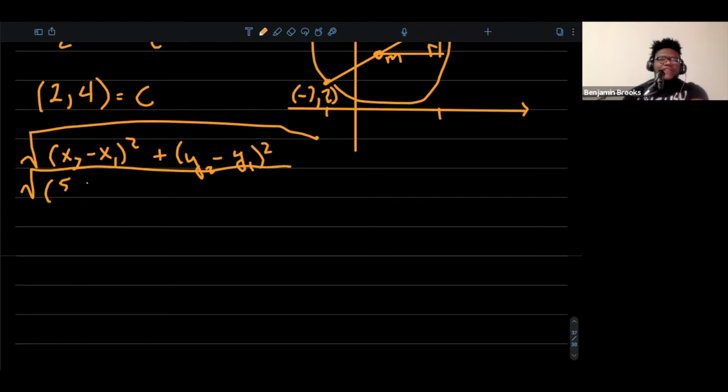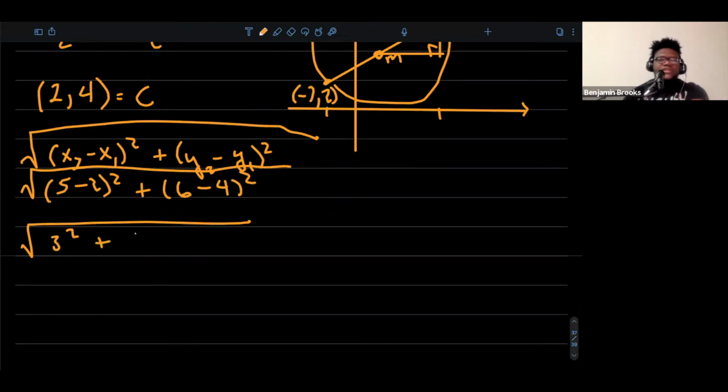So I'm going to have 5 minus 2 squared plus 6 minus 4 squared. 5 minus 2 is 3 squared plus 6 minus 4 is 2 squared, which is the square root of 9 plus 4, which equals root 13.